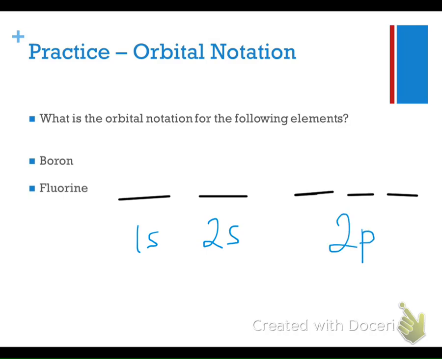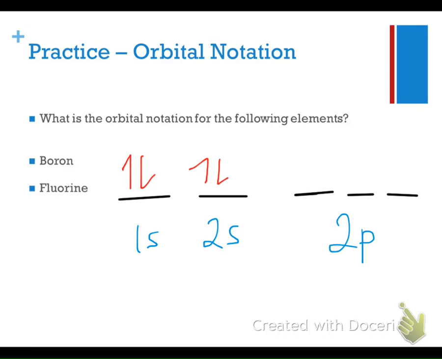All right, let's fill our electrons here. Are the 1s orbitals full? Okay, so we're going to fill those opposite. What about the 2s orbitals? Also full, good. What about 2p? How many 2p electrons are we going to have for fluorine? 5.